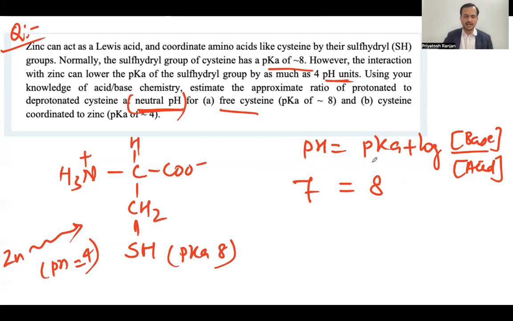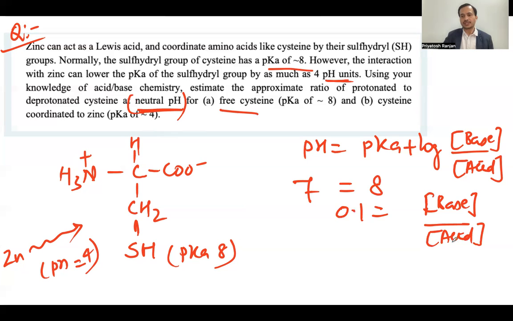So 7 minus 8 is minus 1, then you need to take the anti-log, and the value is going to be 0.1 equal to base by acid. Remember, what I need to calculate for the A part is the free cysteine, but I need to keep the ratio in what form?